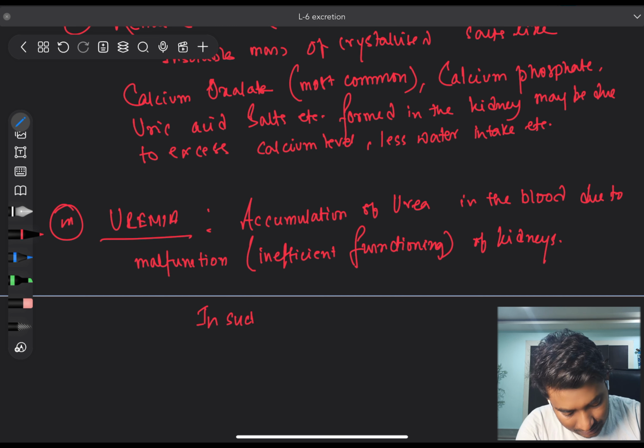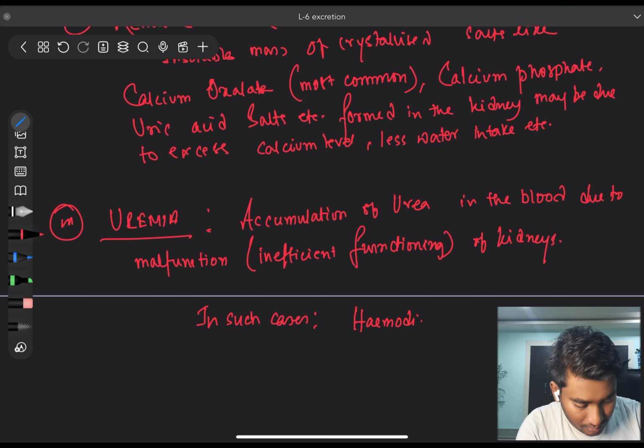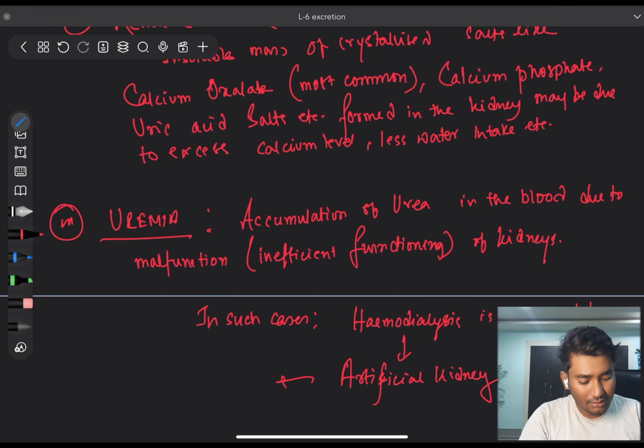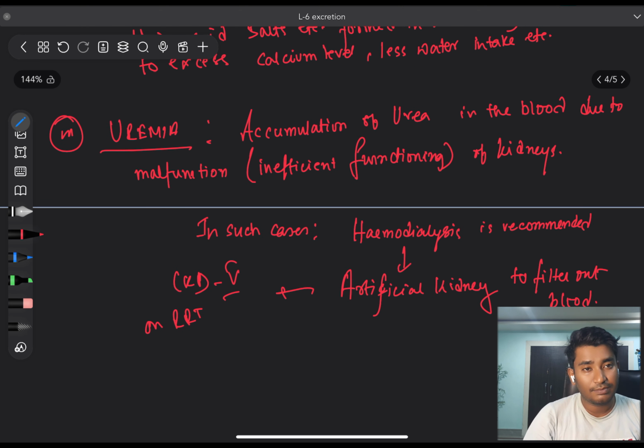In such cases hemodialysis is recommended. Hemodialysis means an artificial kidney to filter out blood. It is also given in CKD 5 as RRT, that is renal replacement therapy. Okay, got it.